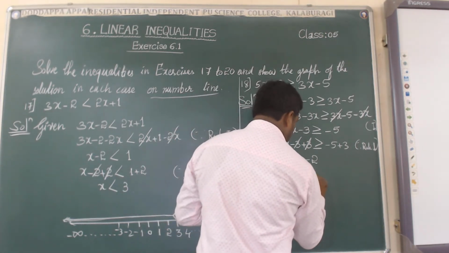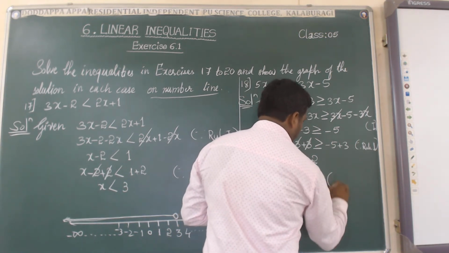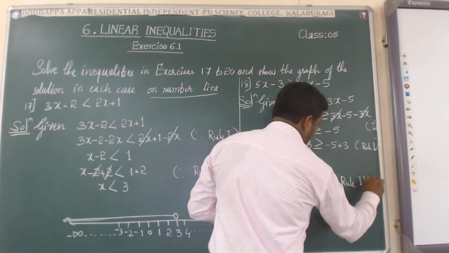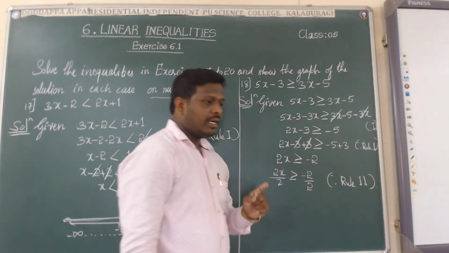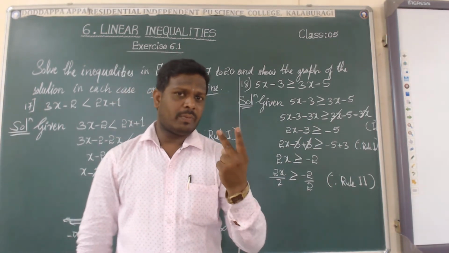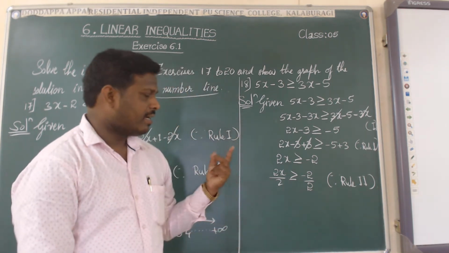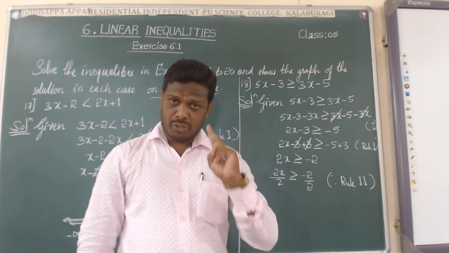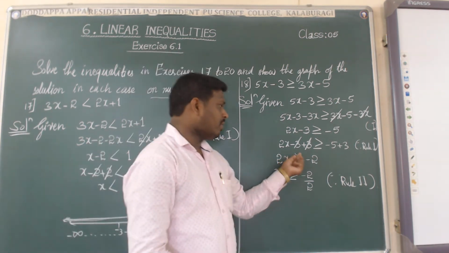Minus 2 by 2. In rule 2, only 2 points are there. The first one is when we multiply or divide by a positive value, the sign of inequality does not change.